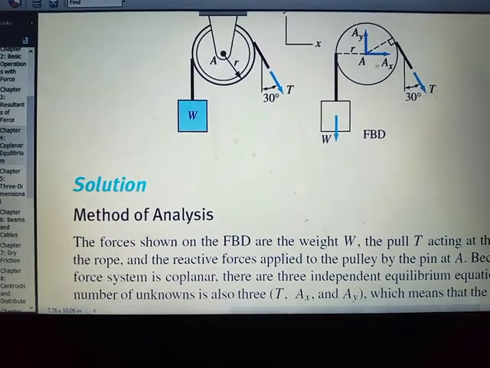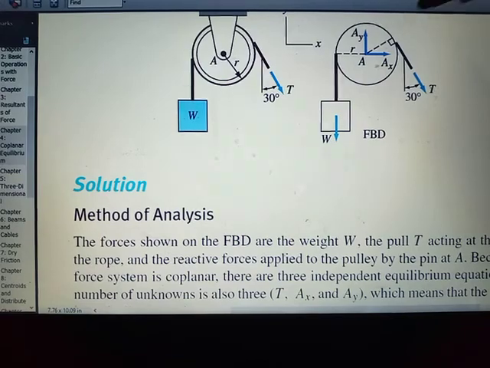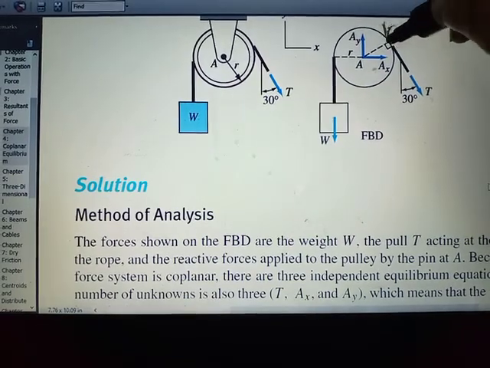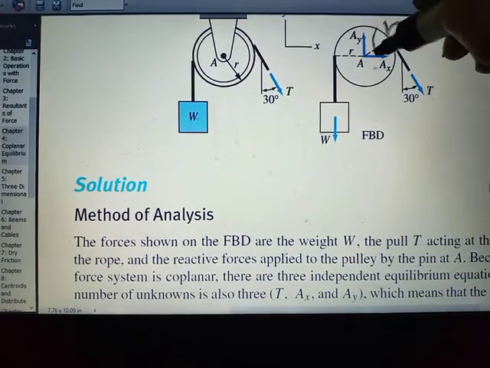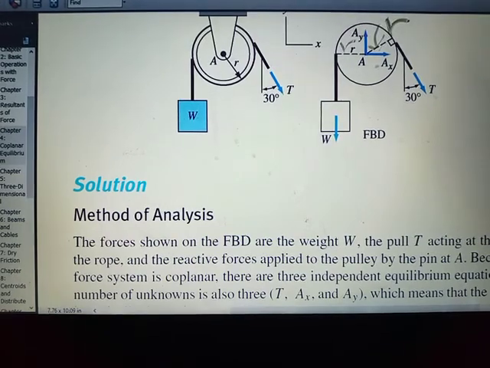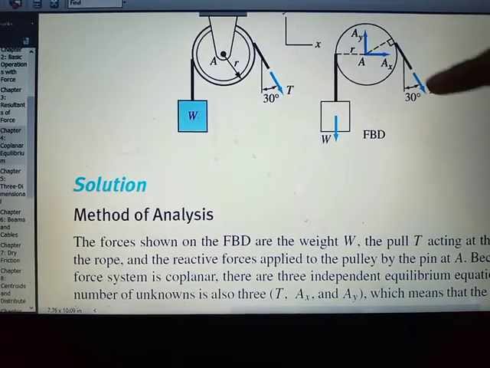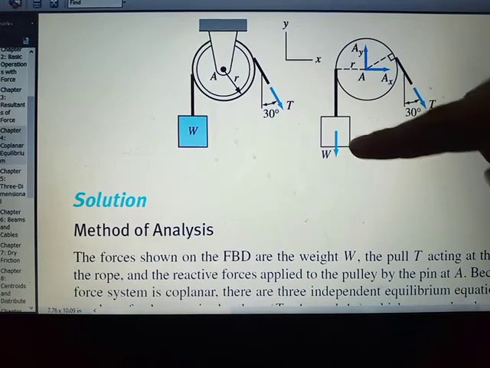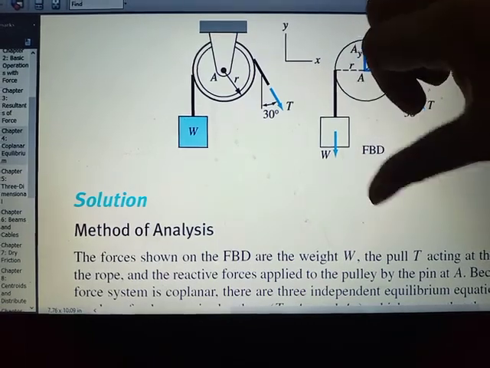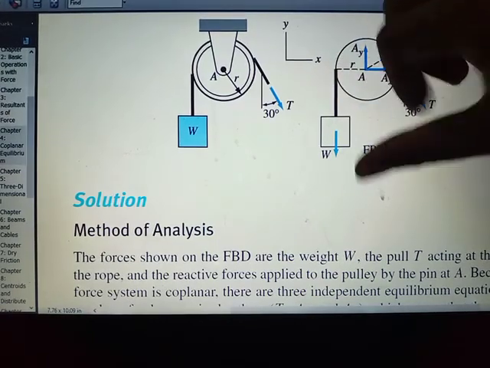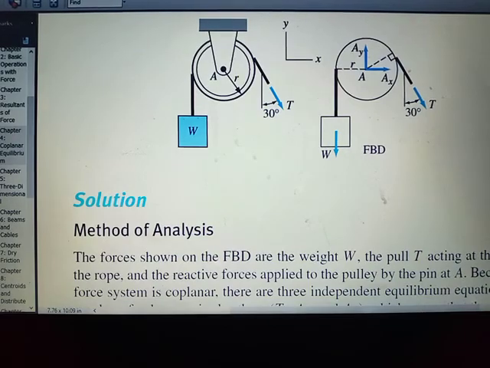So this is your R, and this is also R. You have two R's. That's why the moment arm of T is R and the moment arm of W is R. But W is rotating counterclockwise while T is rotating clockwise.